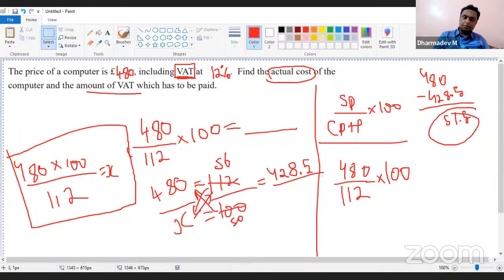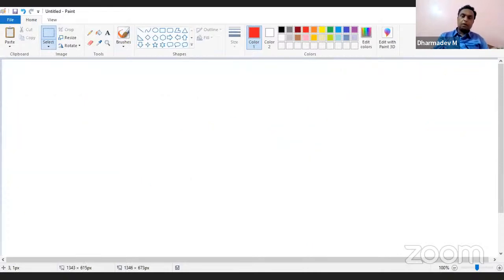When I say selling price with a discount, is it more than 100 or less than 100? It's less than 100. Can you see the question?